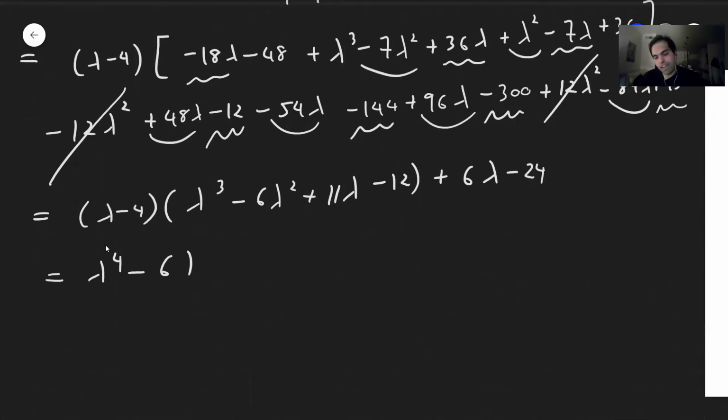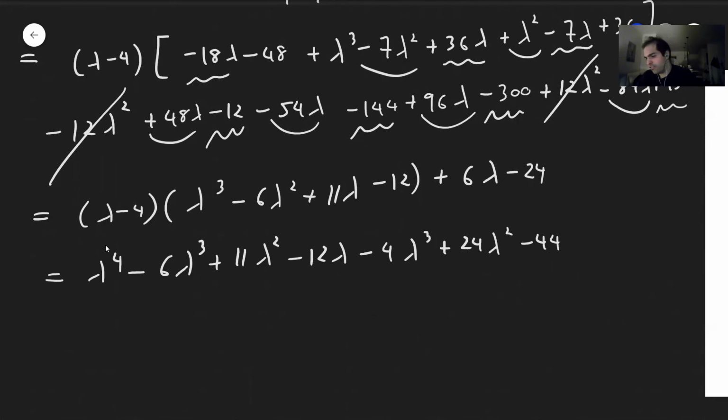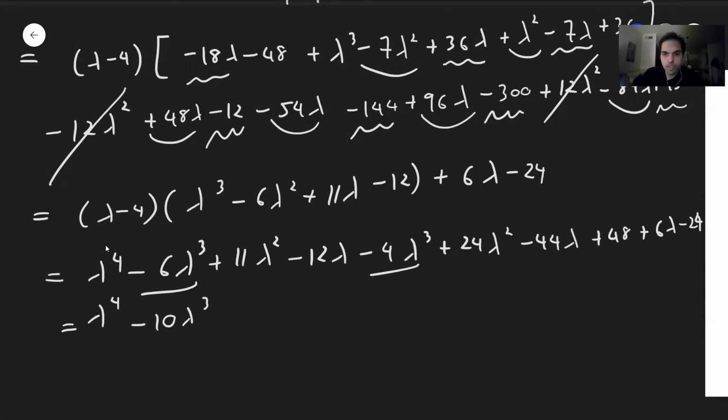Lambda to the 4th minus 6 lambda cubed plus 11 lambda squared minus 6 lambda, minus 4 lambda cubed plus 24 lambda squared minus 44 lambda plus 24 plus 6 lambda minus 24. Okay, now what can we do? So this lambda to the 4th comes together, and then minus 6 lambda cubed minus 4 lambda cubed becomes minus 10 lambda cubed.